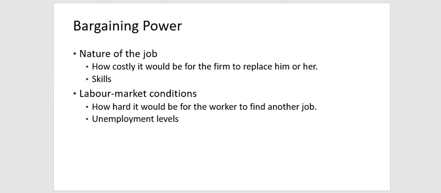The second point on labor market conditions basically entails that when unemployment is low, it is difficult for firms to find acceptable replacement workers. At the same time, it is easy for workers to find a new job. This then gives workers a stronger bargaining position and they can obtain a higher wage using this power.